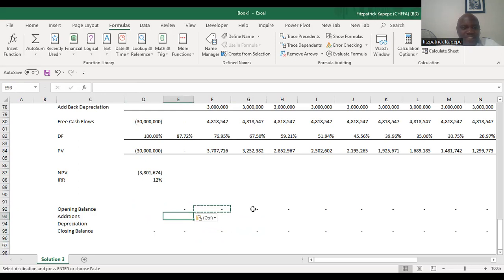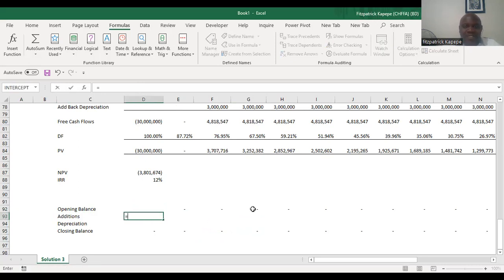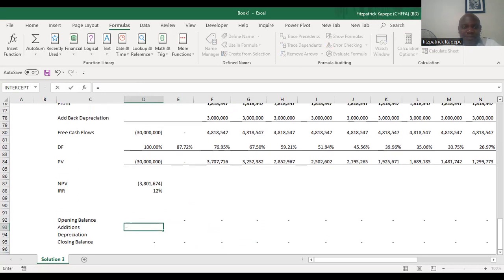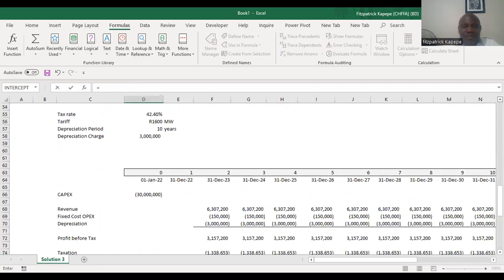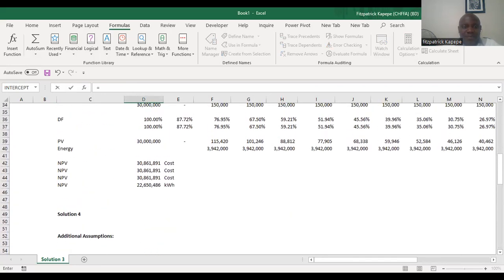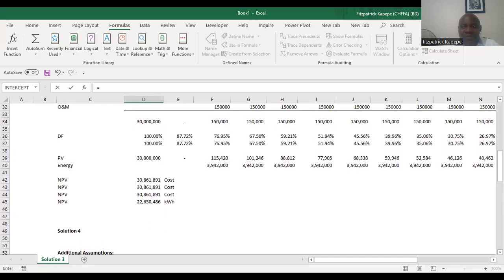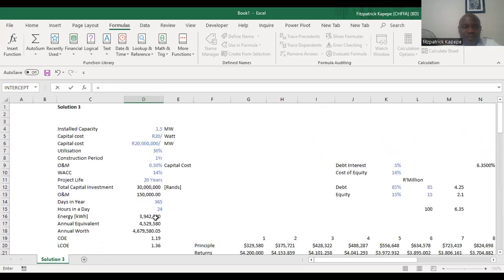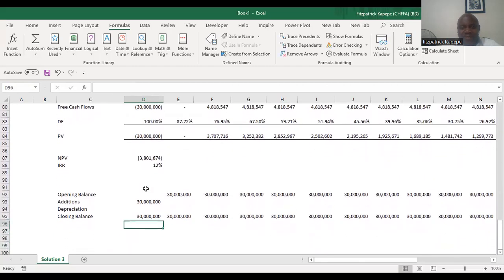So you add additions in year 0, which is your 30 million rands. So now how do you compute your depreciation?